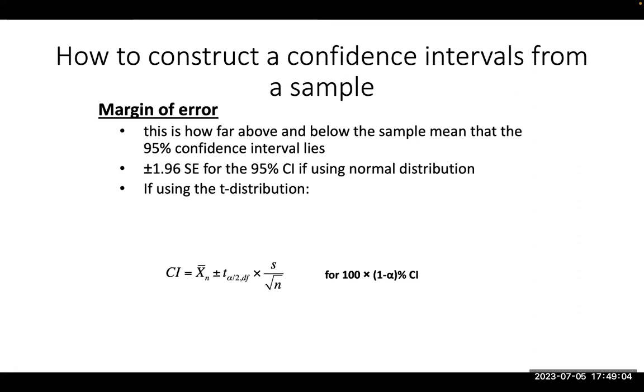Yeah, so the margin of error, we talked about this. It is basically calculated by the sample mean X bar with t alpha half. Alpha is the type 1 error, where you reject something that you shouldn't reject. That's the quote unquote p-value.